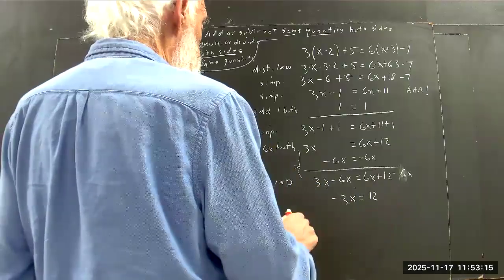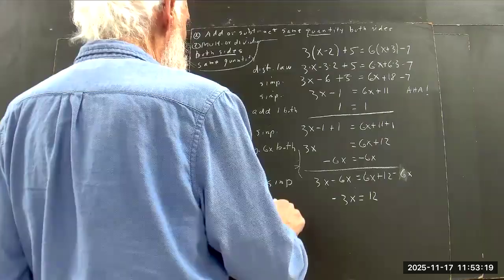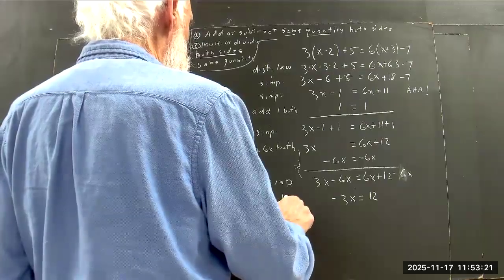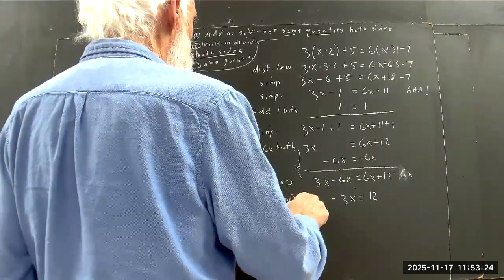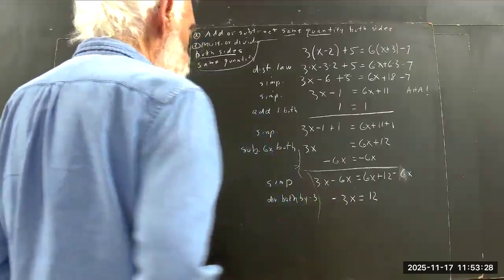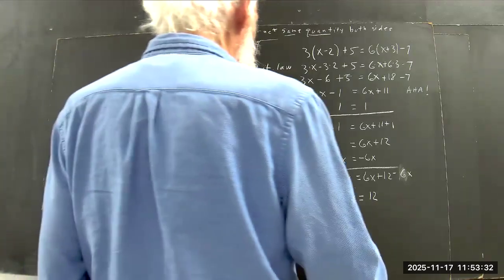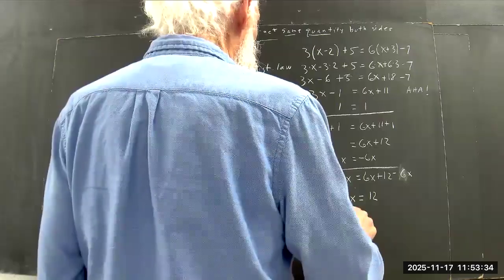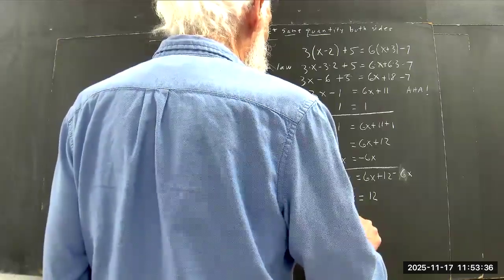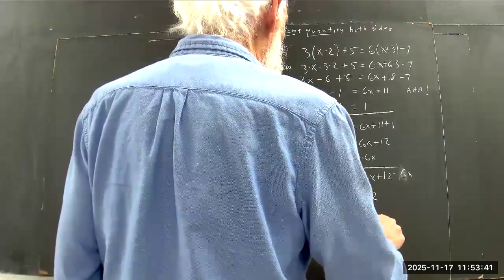After we simplify, I write divide both by negative 3, meaning divide both sides by negative 3. We get negative 3x over negative 3 equals 12 over negative 3.